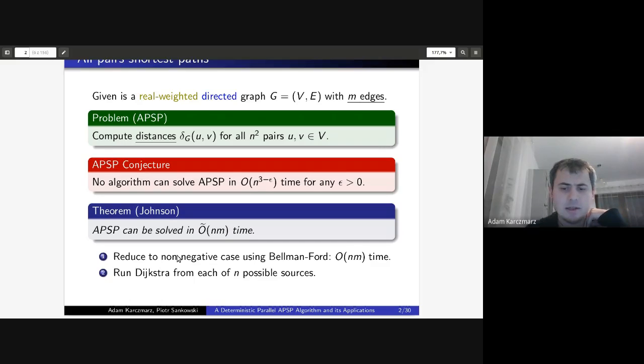Recall that in order to achieve that, we first reduce the problem to the non-negatively weighted case using a simple Bellman-Ford run, and then we just run Dijkstra from each possible source. Dijkstra runs in nearly linear time. This is also often called Johnson's algorithm.